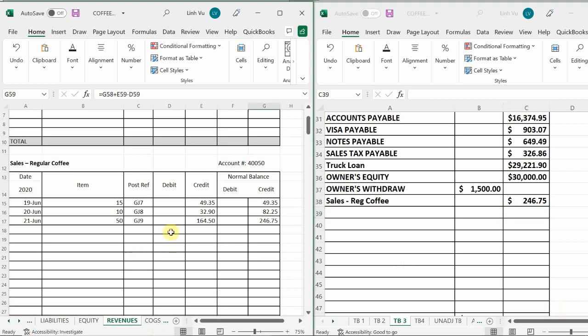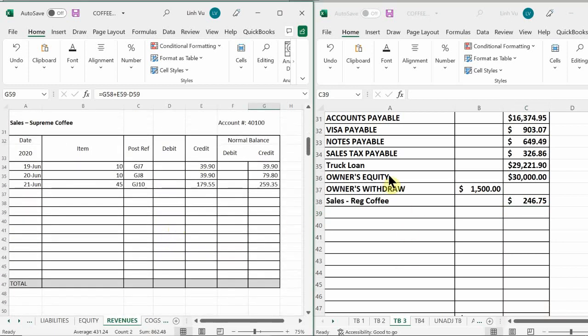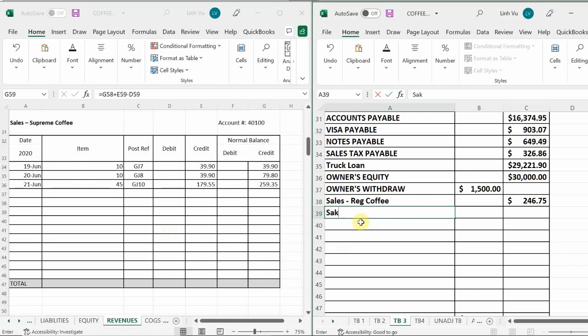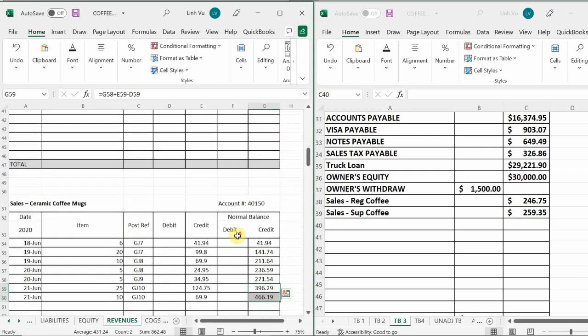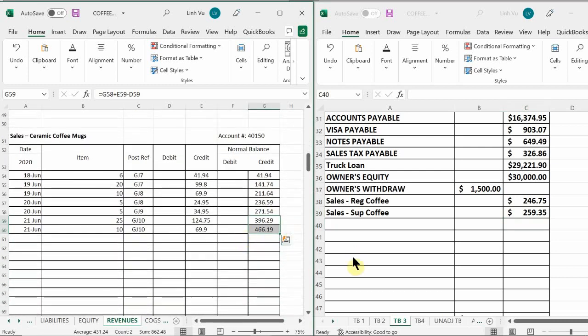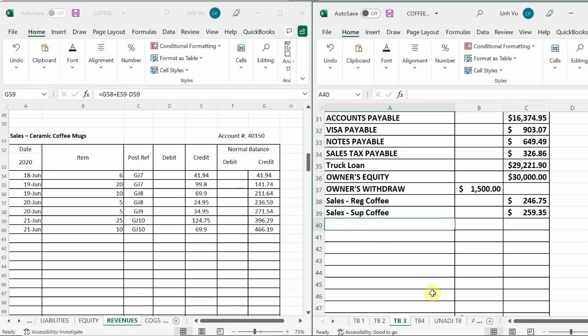Next I have my sales for supreme coffee. $259.35, credit. Good. What about my sales for ceramic coffee mugs? It's 466.19 credit. Good.